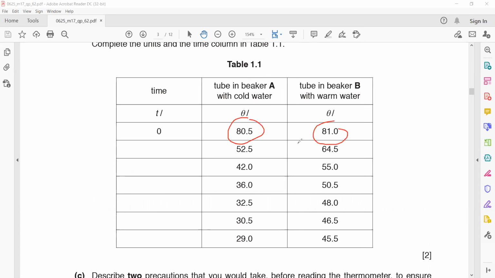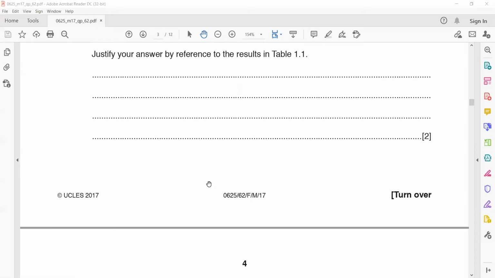For a fair comparison, we should have the same initial temperature of water in the tube for beaker A and B, because a higher starting temperature will have a greater rate of cooling, and we are only finding the effect of surrounding temperature on the rate of cooling.